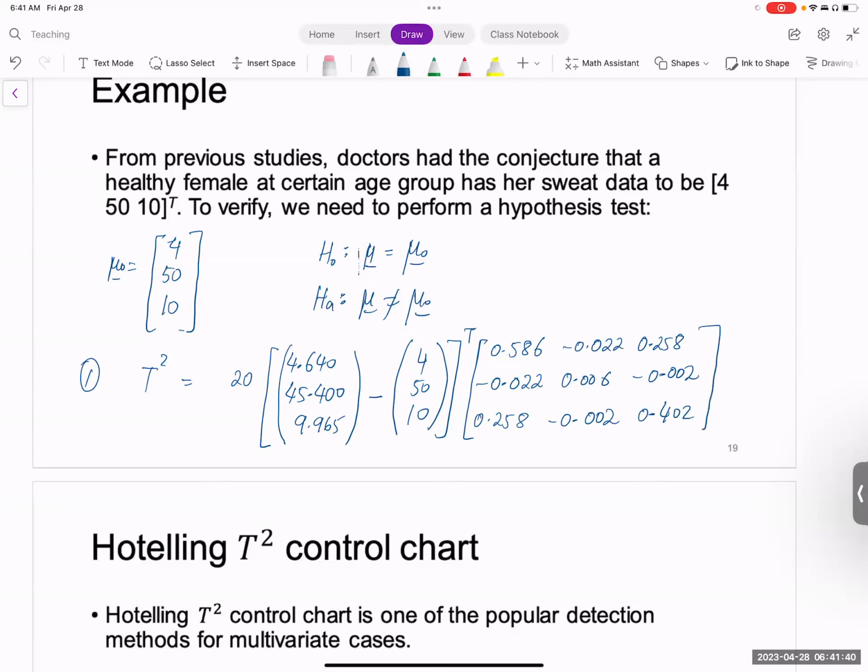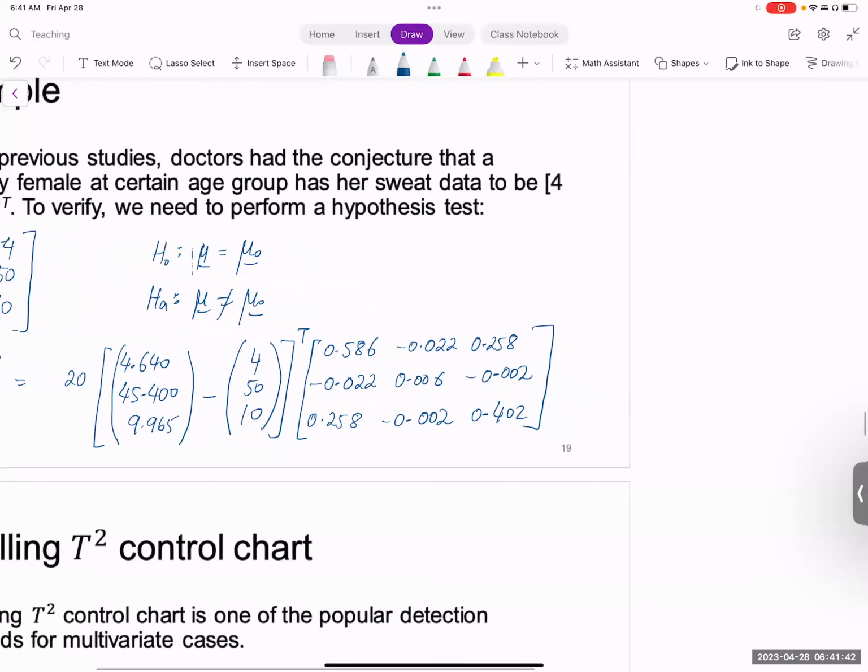So that's your S inverse. And then finally you have, again, 44.640, 45.400, 9.965 minus 450, 10, and then that's all.